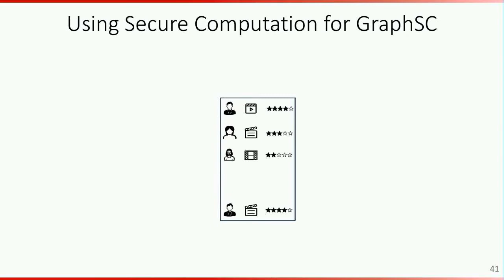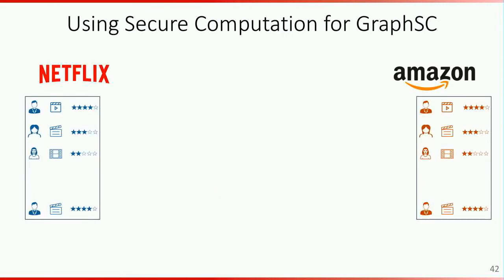First, for my data set, I can encrypt this by just secret sharing it between two non-colluding cloud service providers, let's say Netflix and Amazon. And secret sharing ensures that each share by itself does not reveal any information to either Netflix or Amazon, but together they have all the information that is necessary to perform the computation.